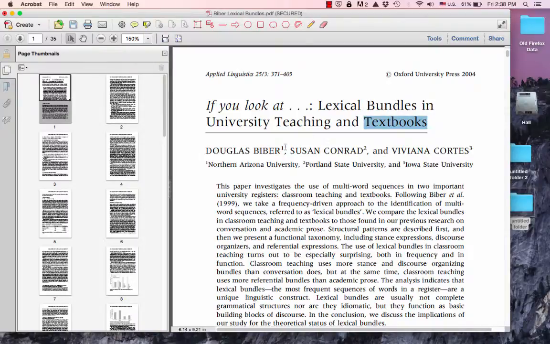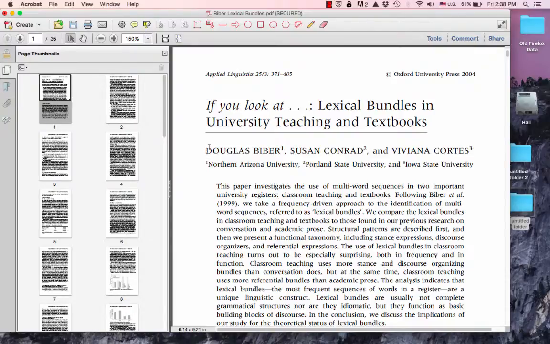So, what these folks are doing is they're saying, well, let's not just take things on a word by word basis. Let's not look just at nouns and verbs and adjectives and adverbs as single morphemic units. We know that the English language and languages in general actually work with bundles of words, that words are working in collocational groups, if you will.